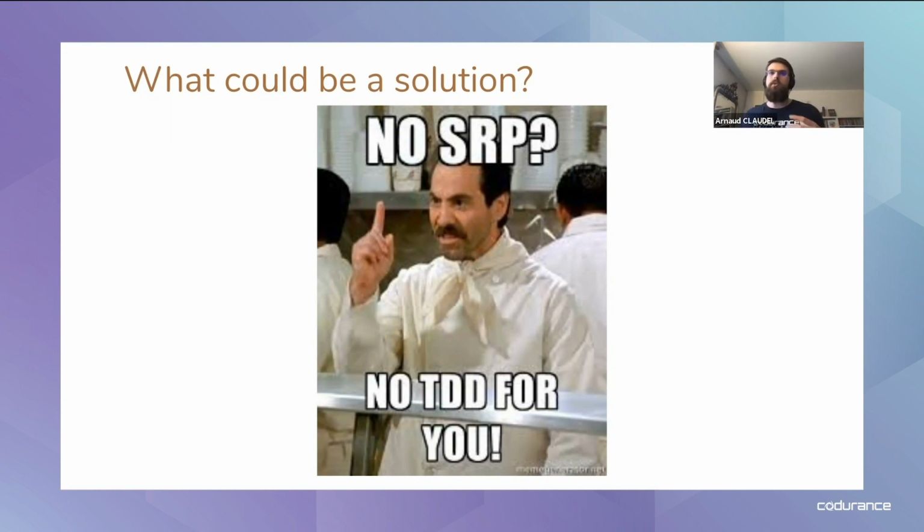Because if you follow the single responsibility principle a bit blindly, you might have some damage somewhere, but the end result will be extremely easy to test because things will be small, focused on one and only one responsibility.